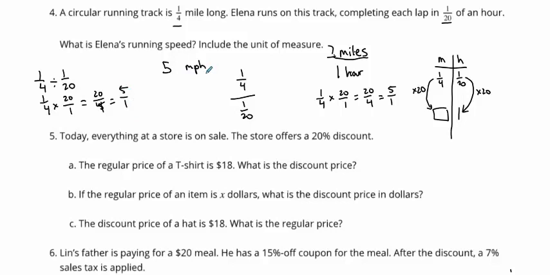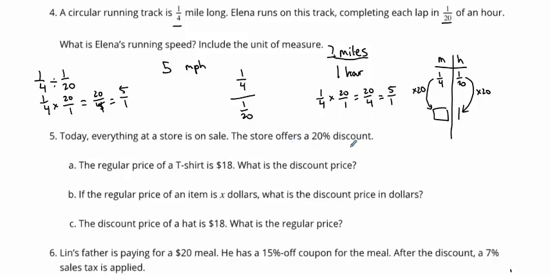Number 5. Today, everything at a store is on sale. The store offers a 20% discount. The regular price of a t-shirt is $18. What is the discount price? So again, there's 2 ways of looking at this.